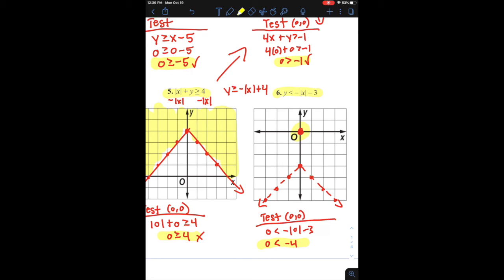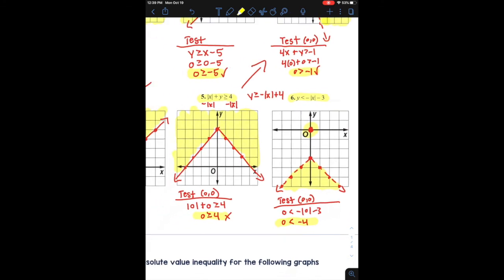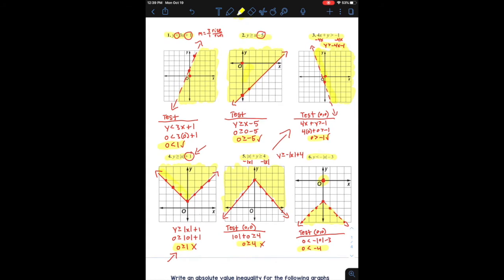So we're not going to shade in that area or above the graph, we are going to shade below the graph. The ordered pairs that are solutions to this inequality are not on the line or on the V, but yet inside and below. So that is the difference between linear inequalities and absolute value inequalities.